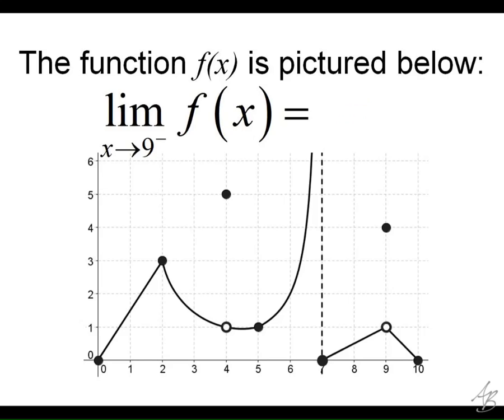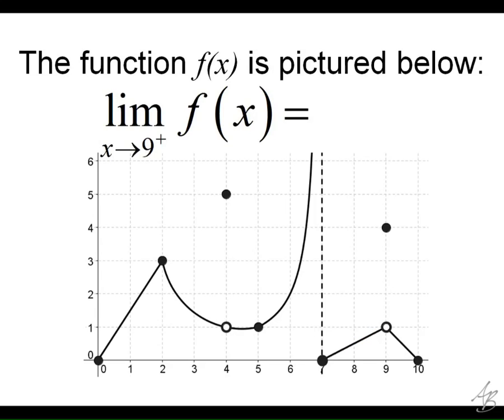Okay. How about 9? What is the limit as x approaches 9 from the left of f of x? It is 1. Okay, so we can see here as we're approaching from the left, this function is approaching the value of 1. Never does get to 1, does it? Okay, but it approaches 1, and we can see if it continued the way it is, it would get to 1 when we get to 9.